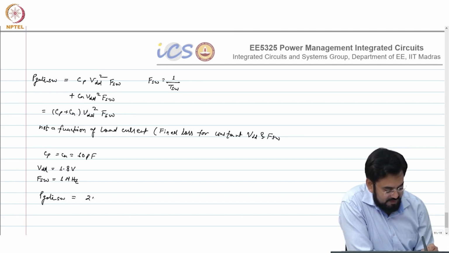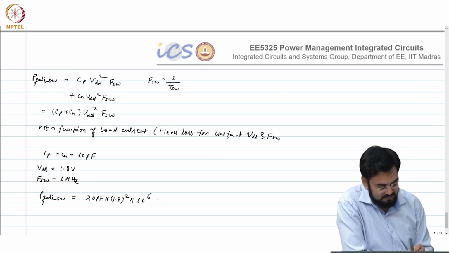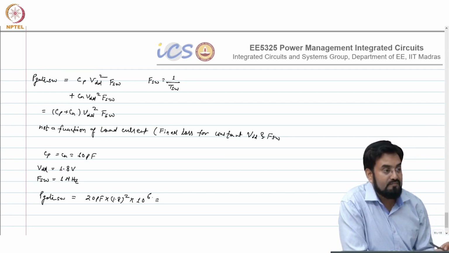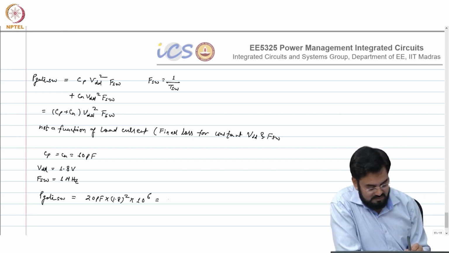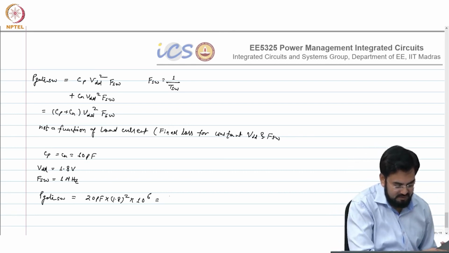So 20 picofarad multiplied by 1.8 squared multiplied by 10 to the power 6. How much is this? How much? 64.8.